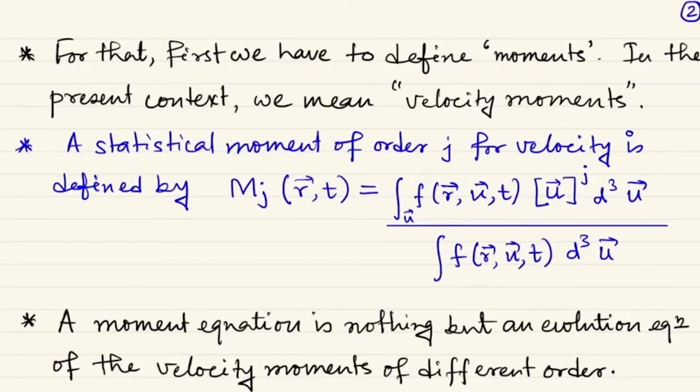In the present context, moment means simply velocity moments, and velocity means kinetic velocity, that is u. A statistical moment of order j for velocity is defined by m_j, which is a function of r and t, only space and time, and is simply equal to the integration in velocity space of f times u^j.